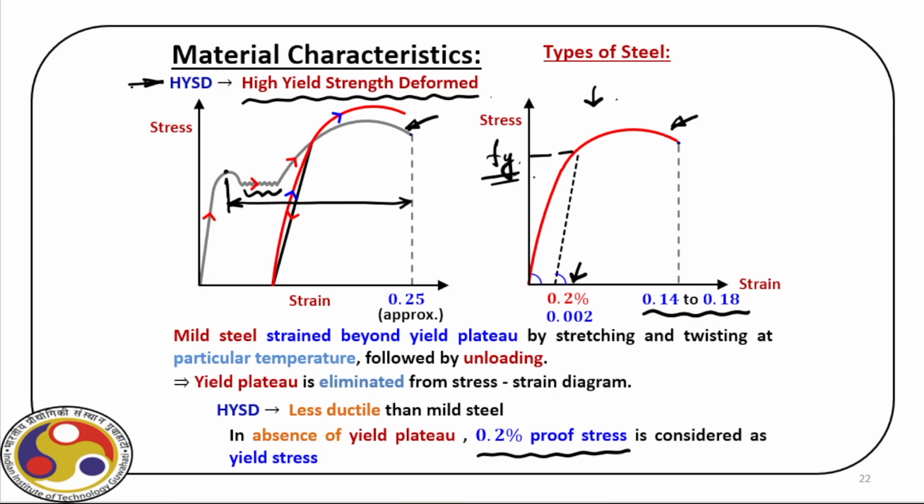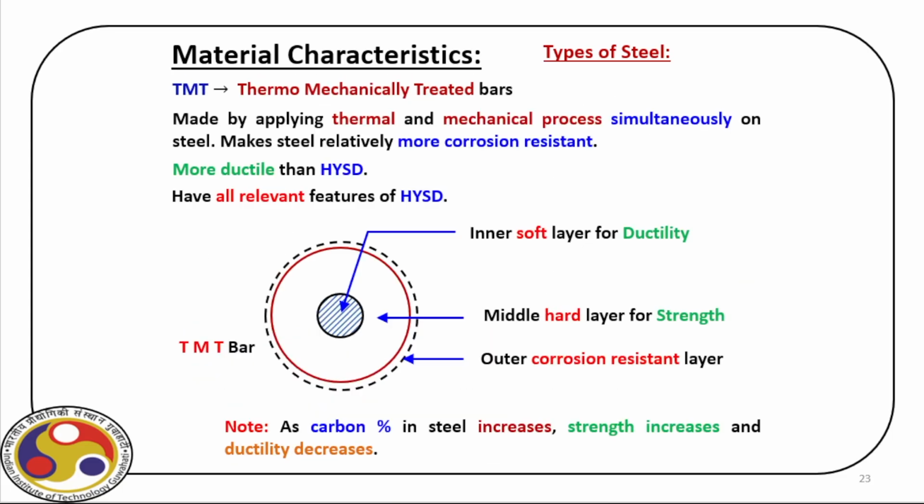Beyond that, these days all of you are familiar with a different type of bar which is called TMT bars. Now TMT bars stands for thermomechanically treated bars. Right. Now what happens when you treat HYSD or steel rods thermomechanically?